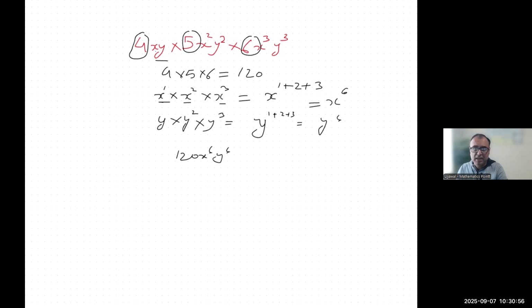Okay, now what we've done so far is that we have multiplied monomials with monomials. So now what we are going to do is multiply monomials with binomials.